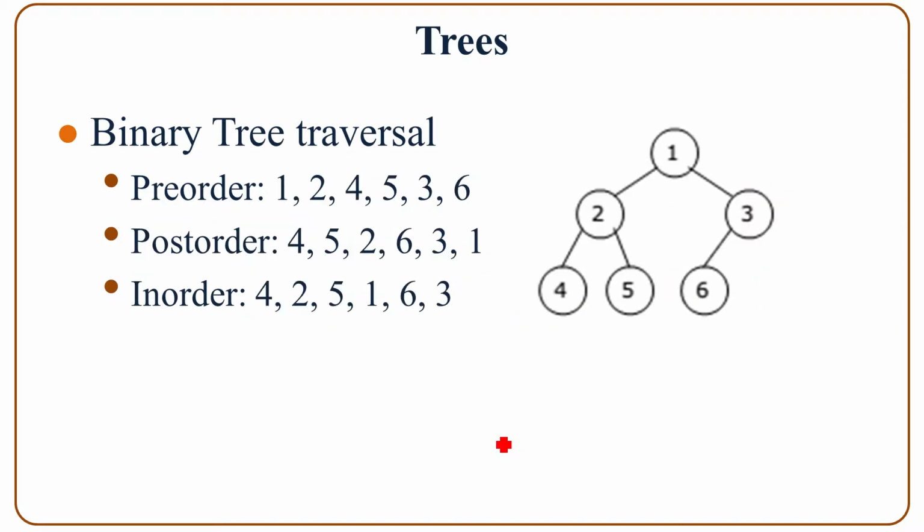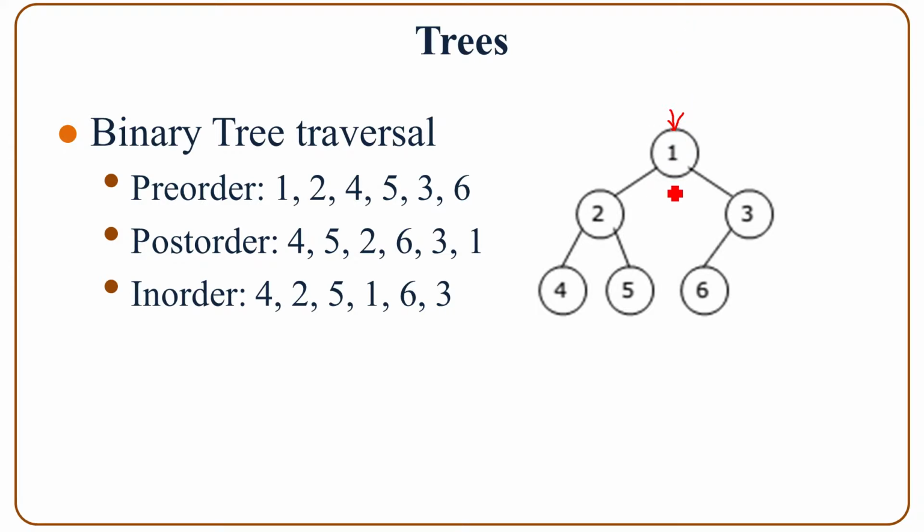Let's look at an example. Given this binary tree, with preorder traversal, we start with the root, which is node 1. Recall that in preorder traversal, we visit the root and then the left subtree and then the right subtree.